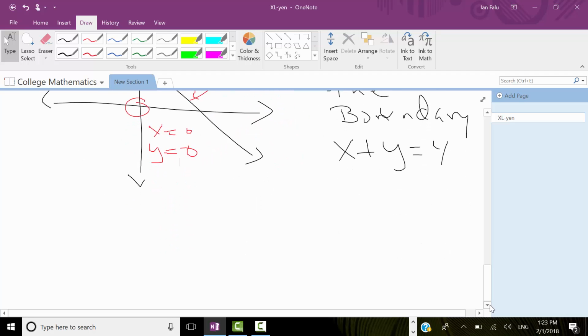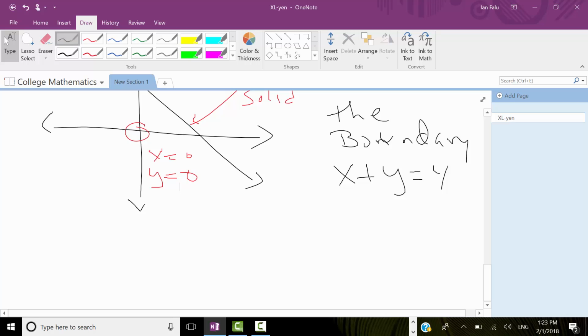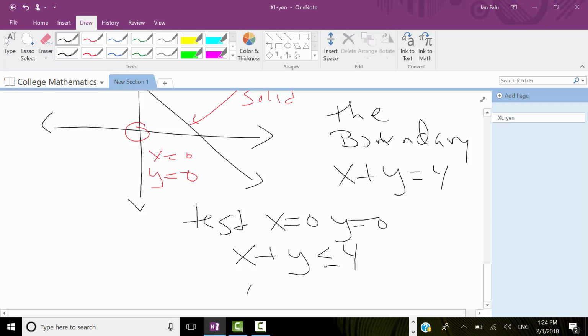So I will test x equal to 0 and y equal to 0. So when I have x plus y less or equal to 4, I have 0 plus 0 less or equal to 4. So this is true.